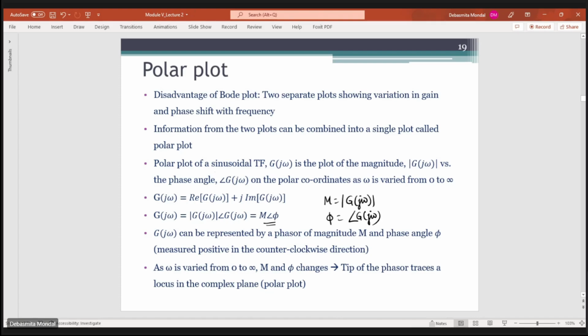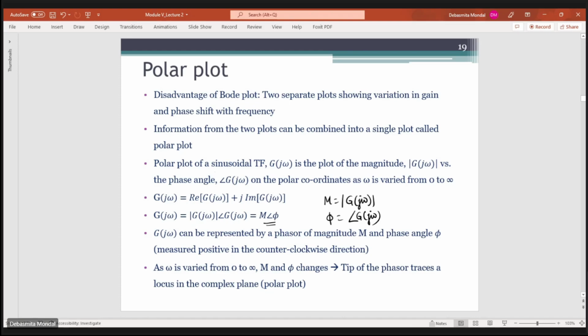From this plot you can see that G(j omega) in a polar plot will be represented by a phasor with a magnitude of M and a phase angle of phi, and this phase angle is measured as positive if it is measured in the counterclockwise direction.